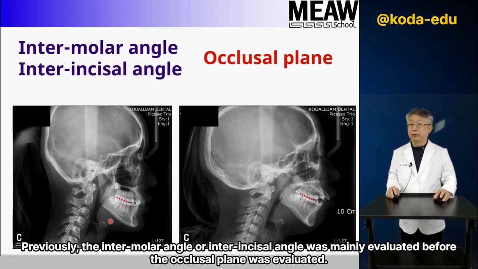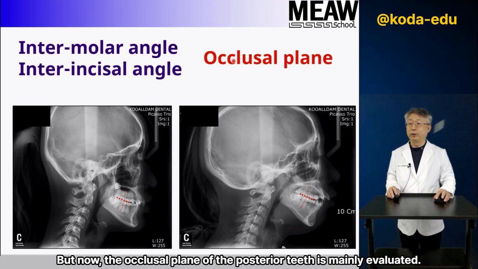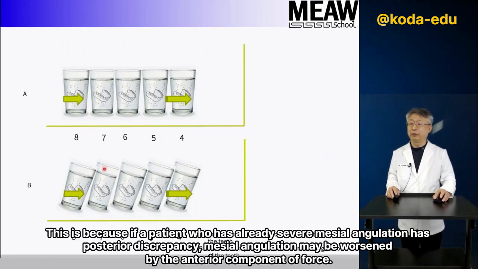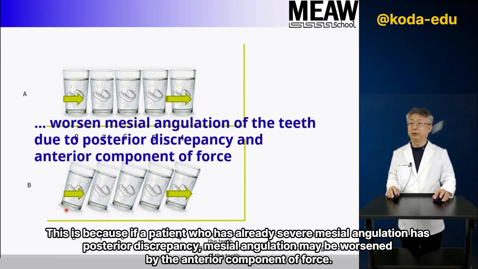Previously, the intermolar angle or interincisal angle was mainly evaluated before the occlusal plane was evaluated. But now, the occlusal plane of the posterior teeth is mainly evaluated. This is because if a patient who already has severe mesial angulation has posterior discrepancy, mesial angulation may be worsened by the anterior component of force.